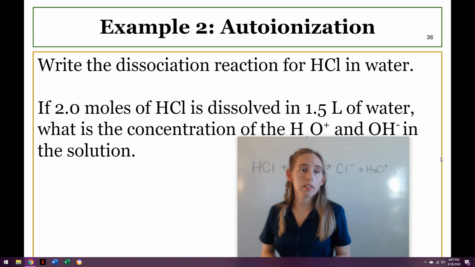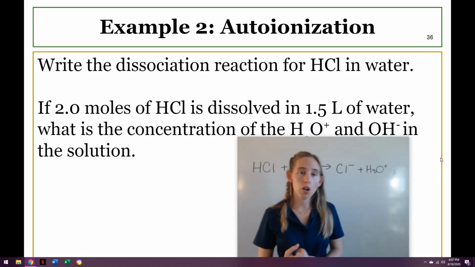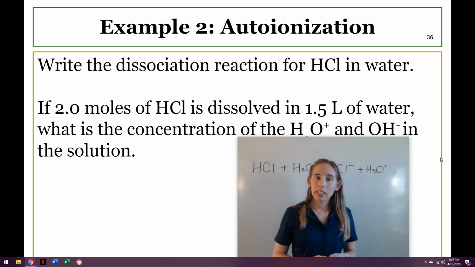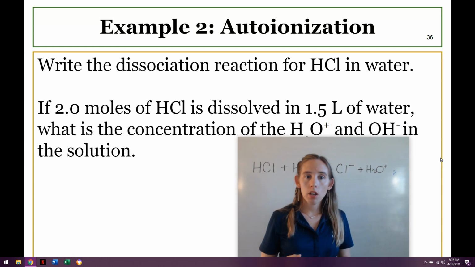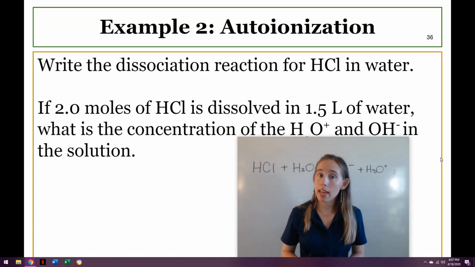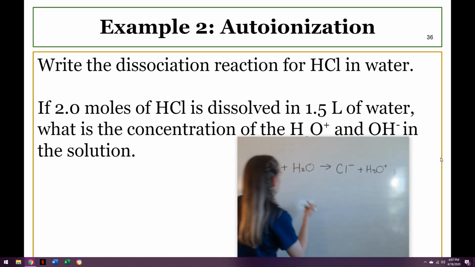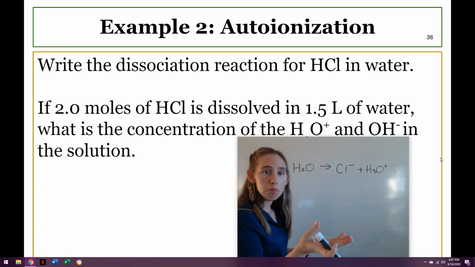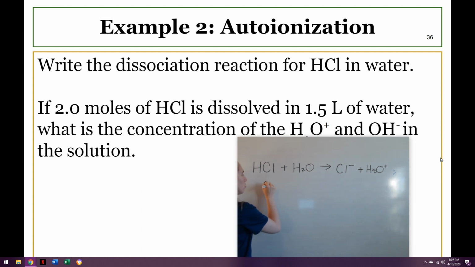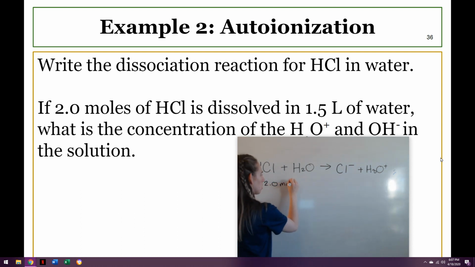All right, so then it says if 2 moles of HCl is dissolved in 1.5 liters of water, what is the concentration of the H3O and OH in the solution? All right, so concentration is molarity, moles over liters. So we've got 2 moles, and we have 1.5 liters of solution.